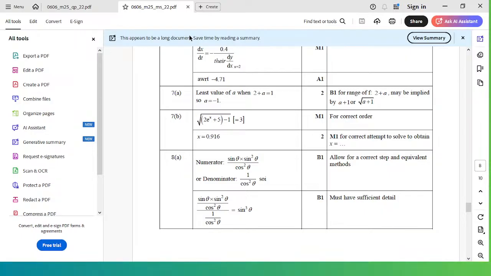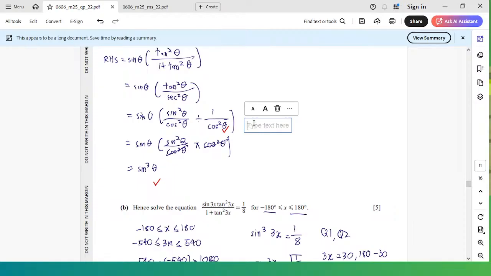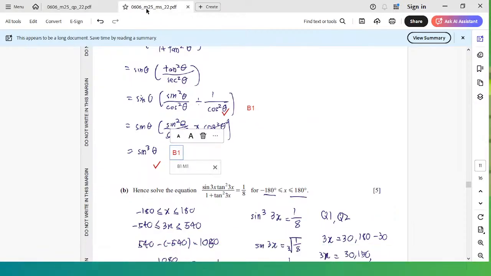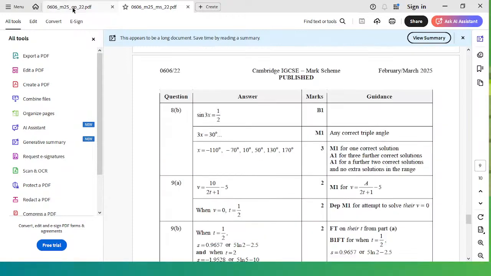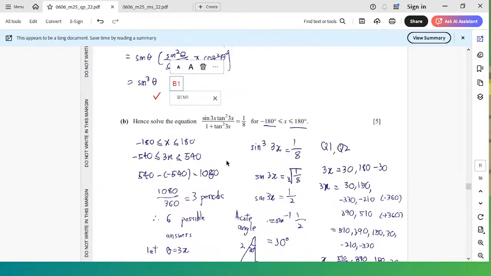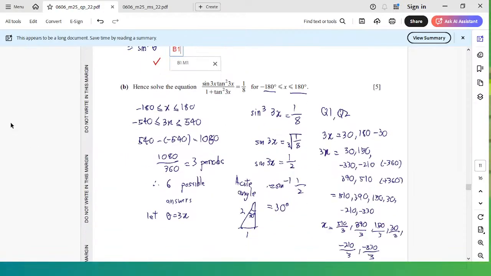Sine over sine squared theta equals. Yep. This gives you B1 and this also gives you B1. Next is sine 3x equals 1 over 2, 3x equals 30, and yeah. So sine 3x is 1 over 2 equals 30.